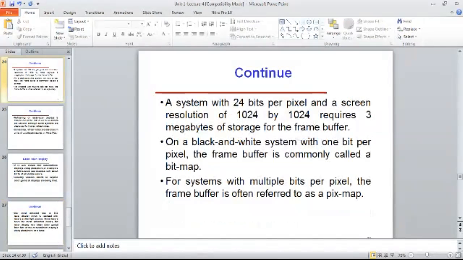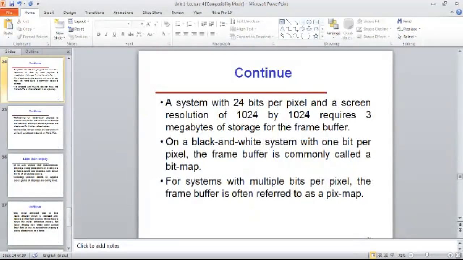A system with 24 bits per pixel and a screen resolution of 1024 by 1024 requires 3 megabytes of storage for the frame buffer. So here in the frame buffer, we store various pixels. The screen is nothing but a combination of a number of pixels.